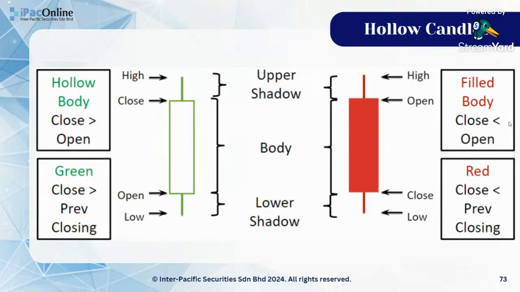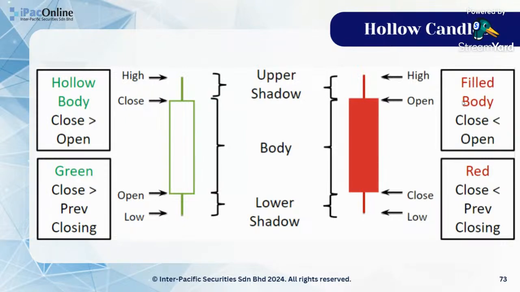Okay. On the other hand, if you're seeing a green filled body, it's telling us that the share price managed to close higher than the previous day. Okay, but it is closing below the opening. So it opened higher than the previous day's closing.